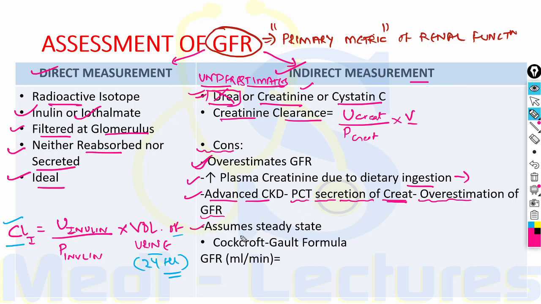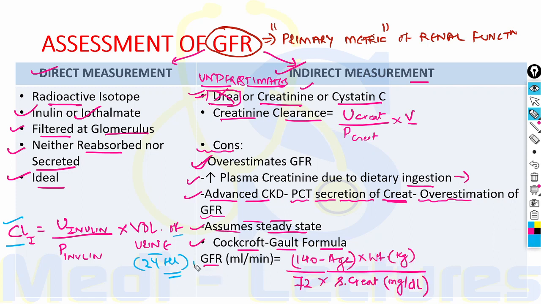And the formulas which use plasma creatinine assume a steady state, that is, no daily increase or decrease in plasma creatinine is considered as a result of daily changes in GFR. The formula which is used for calculating GFR is the Cockcroft-Gault formula.